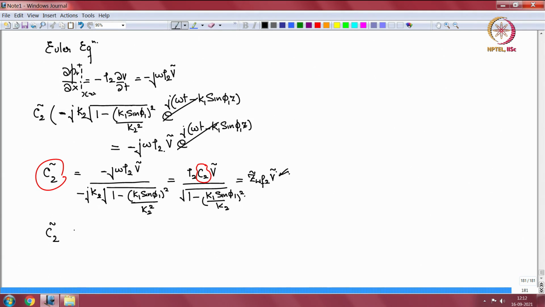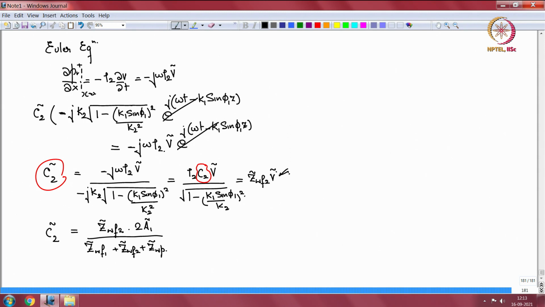So C2 tilde is equal to Z tilde WF2 twice A tilde, divided by Z tilde WF1 plus Z tilde WF2 plus Z tilde W panel.